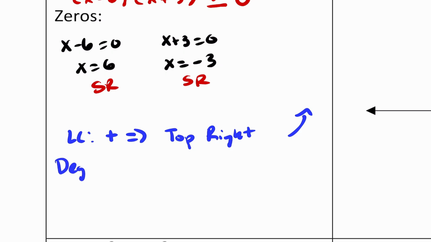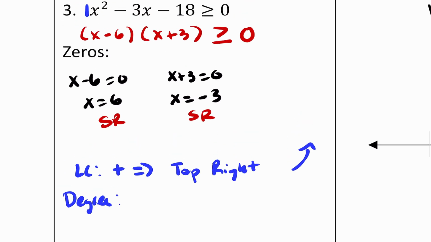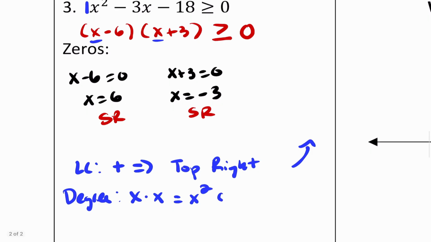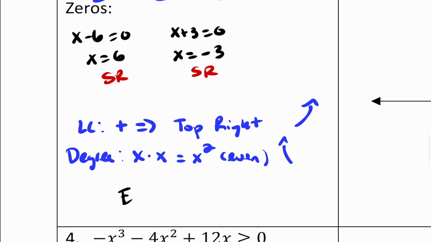Now for the degree of this polynomial, it's x times x, which is x squared. So since it's even, then the other half should be pointing up but on the left-hand side, okay? So our end behavior should look like this.